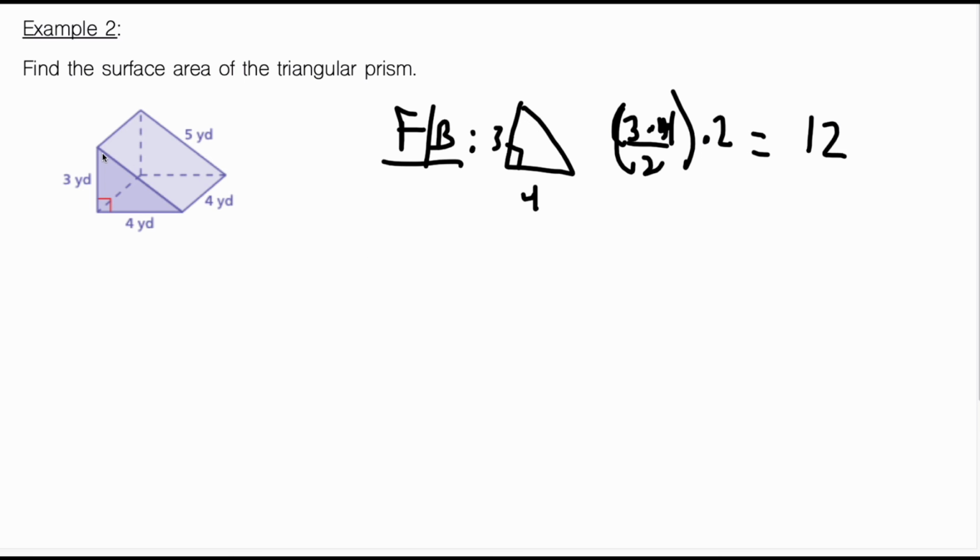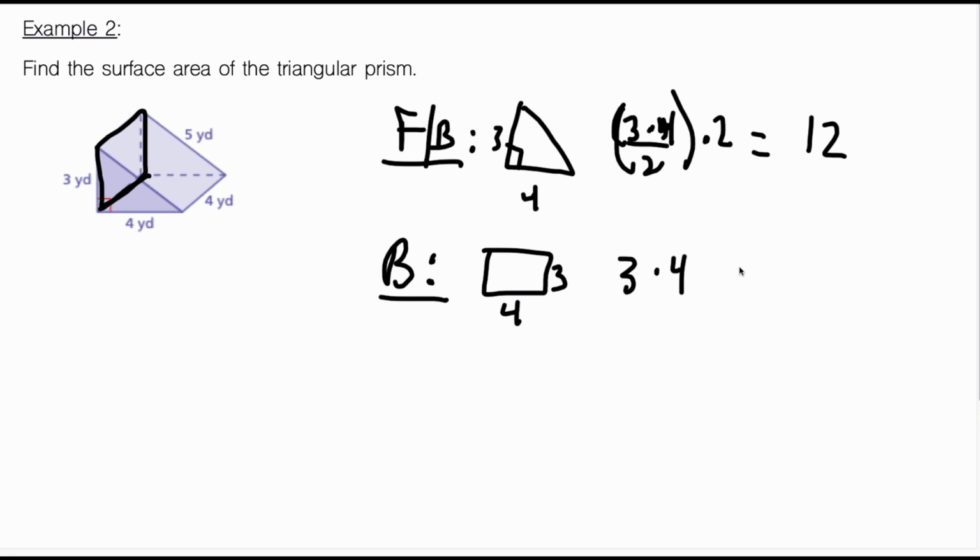Then you've got, I'll trace it, the back rectangle. So I'll call that the back. The back is 3, and then this bottom is 4, because if this front is 4, parallel to it is the back, which is 4. So we've got a rectangle that's 3 by 4, and that's easy.